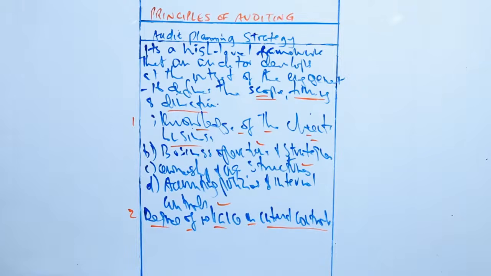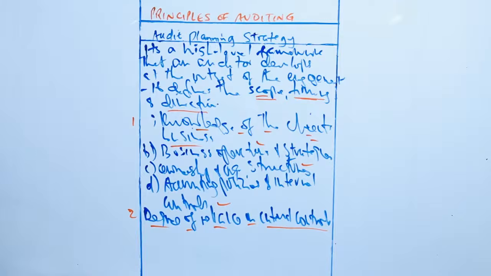Now, the degree of reliance on internal controls is a critical decision in audit planning that directly impacts the nature, timing, and also the extent of substantive audit procedures. Internal controls are the processes designed and implemented by management to safeguard assets, to ensure the accuracy of financial records, and also to promote operational efficiency.